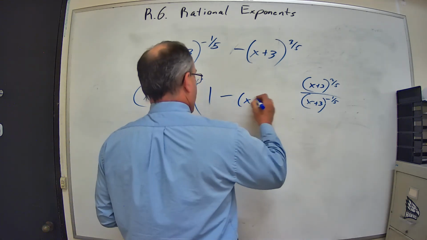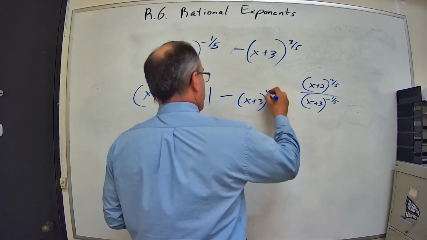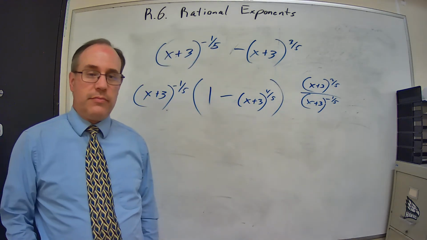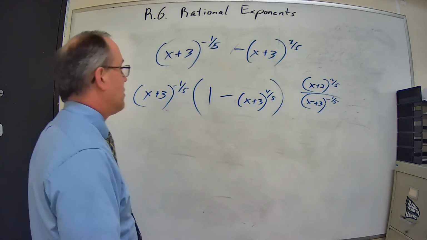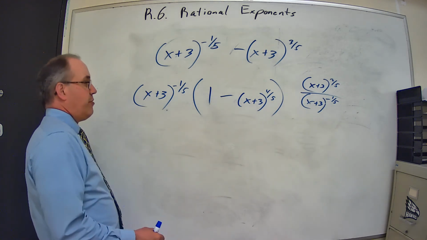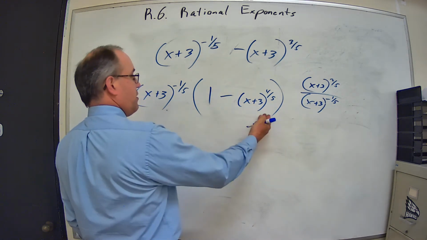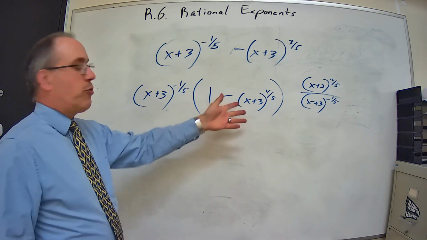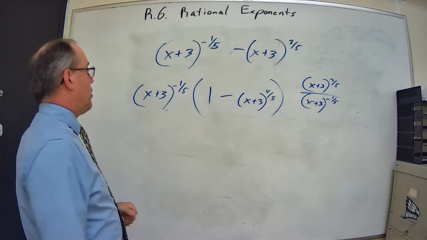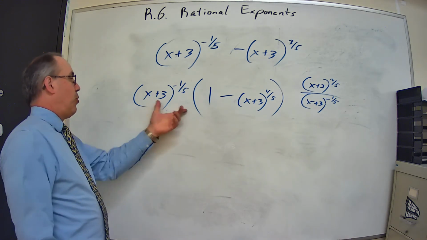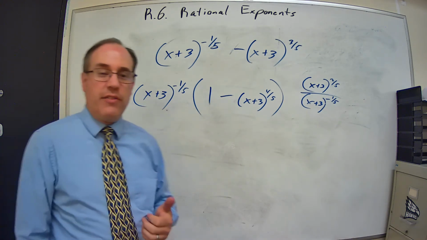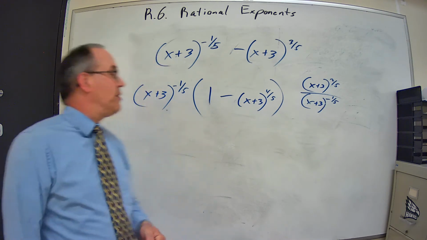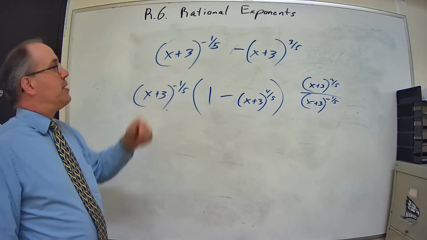So x plus 3 to the 4/5. So now we have a polynomial, not quite written as a polynomial, but we have a polynomial, and we pulled out the part that had a negative exponent. So different pieces that we can do with that.